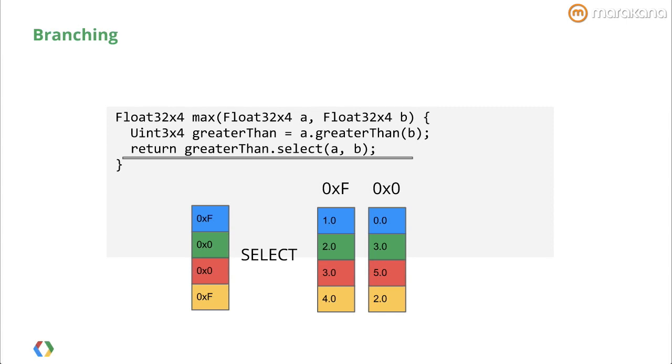And then select the lanes with 0 in it otherwise. So you end up with the true lane-wise maximum of these two vectors. And this is how you would express this type of algorithm in a SIMD world. So it's a little bit different, but it's kind of interesting. There are no branches here, but somehow we've selected and gotten 2 different values, but we never have an if statement.